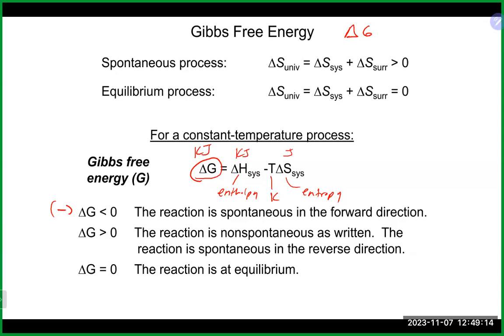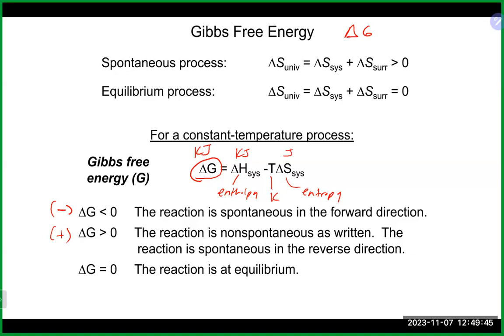If delta G is a positive value, the reaction is non-spontaneous the way it is written, and it will be spontaneous if you reverse the reaction, because your products become your reactants. The sign changes, going from a positive value to a negative value. And if delta G is equal to 0, the reaction is at equilibrium.